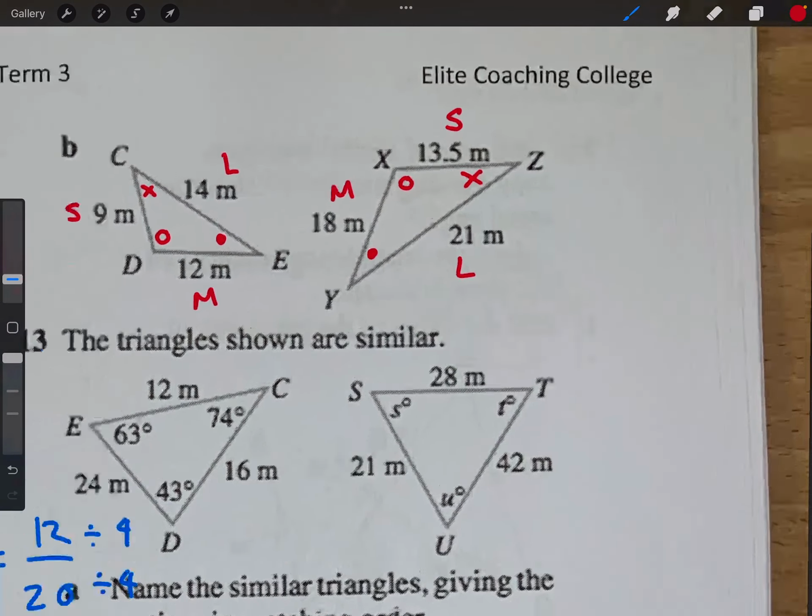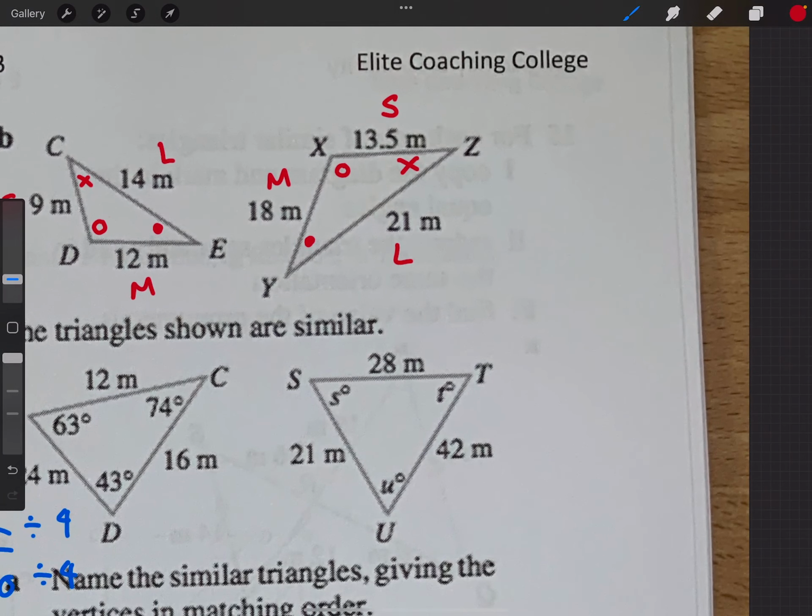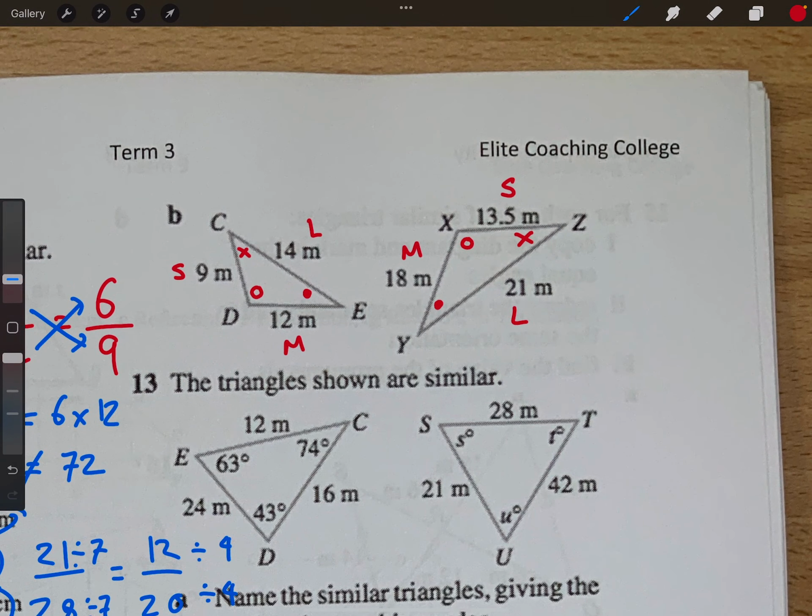Now from here, I can write the expression up top here. I can say triangle CDE is not congruent, so similar to triangle. Now CDE. C is the one with the X, so this one here must be Z. D is the angle with the open circle, so it must be this one, which is X. And obviously the last one is Y.